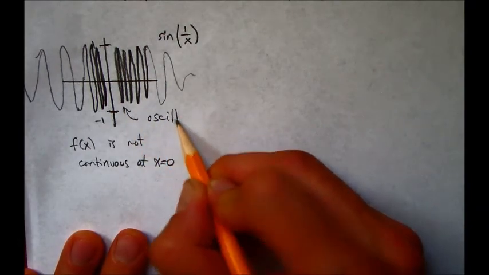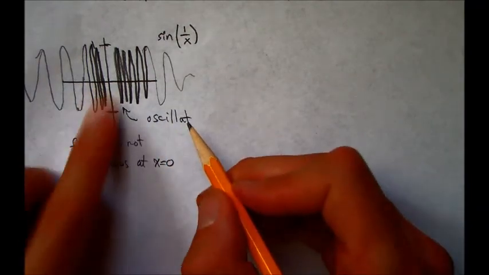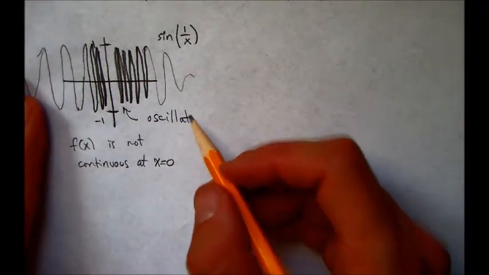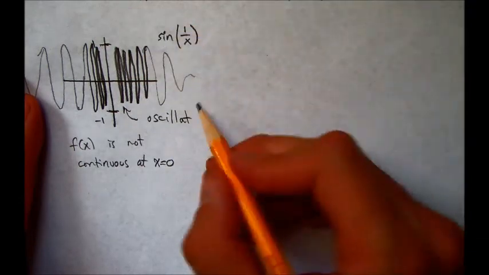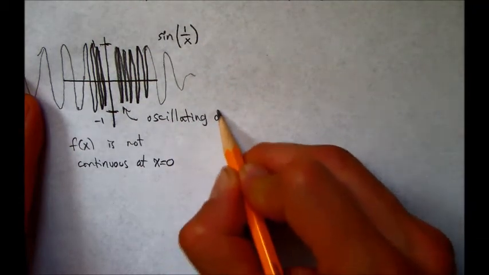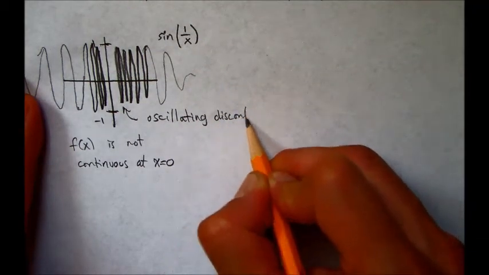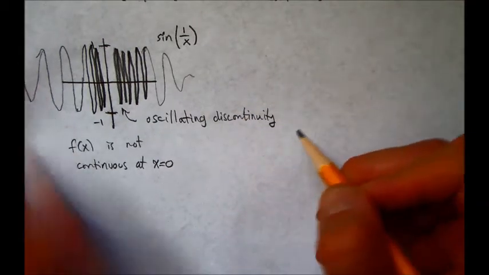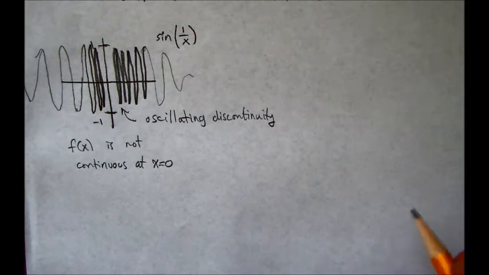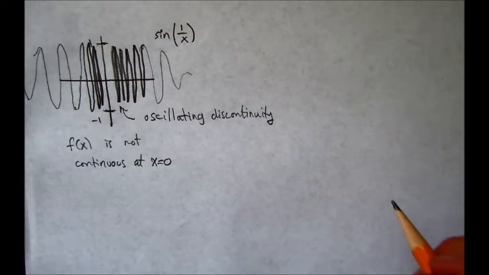You could zoom in forever on this and find that it's still not hitting the actual y-axis, and it's also not behaving in any agreeable way on either side. Oscillating discontinuity. Alright? So those are the various kinds of discontinuities.